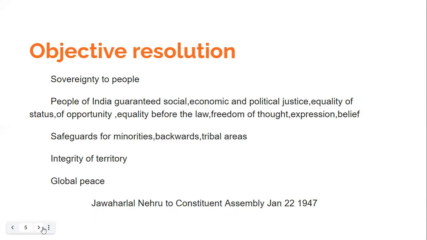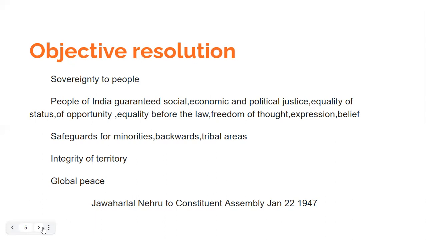He talks not only about justice, but also focuses on equality of status, no higher and no lower in the caste structure, nobody higher or lower in terms of economic background. He talks about equality of opportunity, rich and poor, everybody should get an opportunity, irrespective of the hierarchy in the caste structure. Equality before the law, and the freedom, of course.